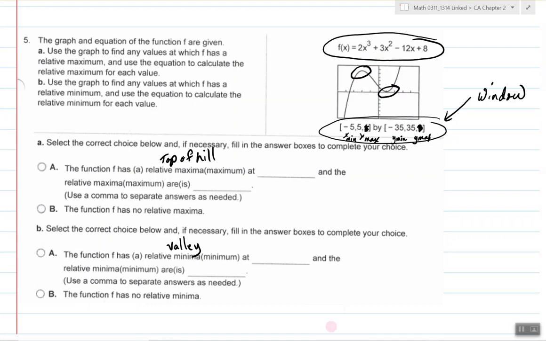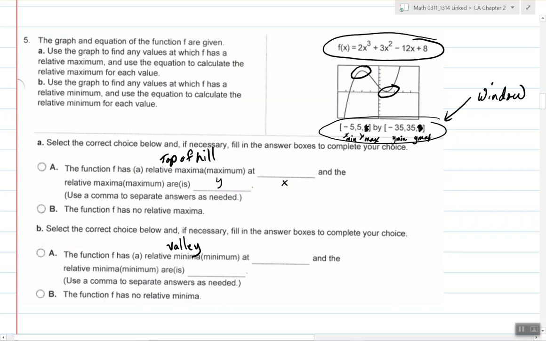Now, different books state this differently, but it says the function f has a relative maximum at, you're going to give the x coordinate of the maximum, and the actual relative maximum is, and this will be the y value.